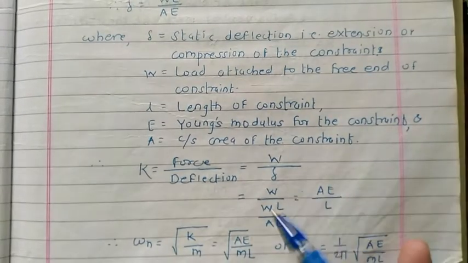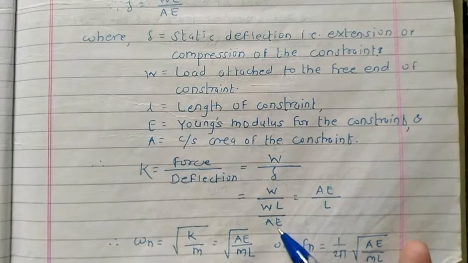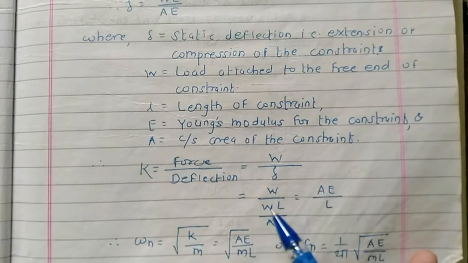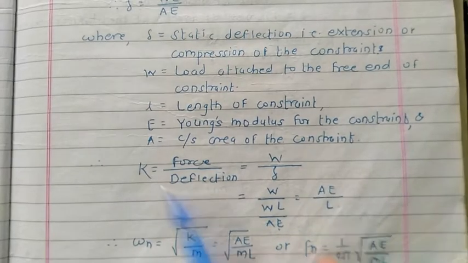In this case delta is WL divided by AE, so you can easily get K, W gets cancelled, and AE divided by L will come for K.